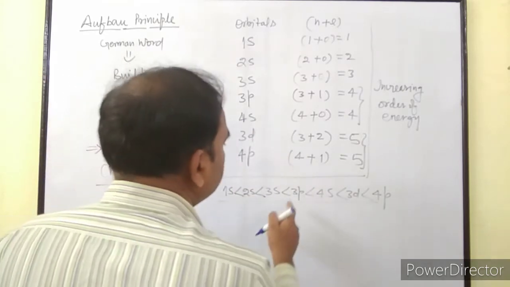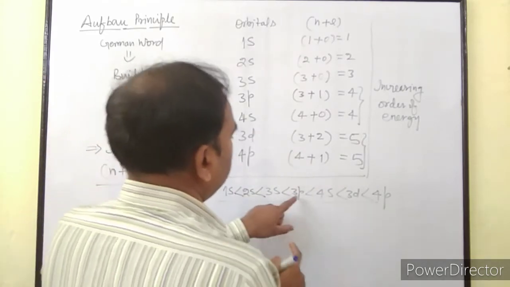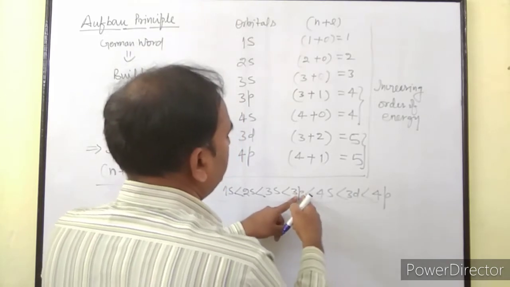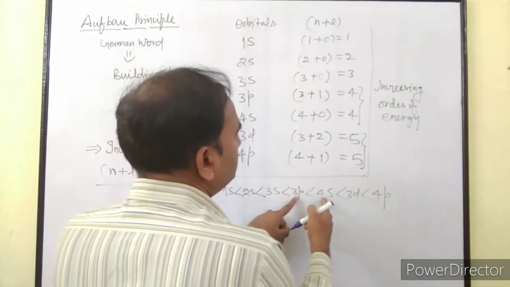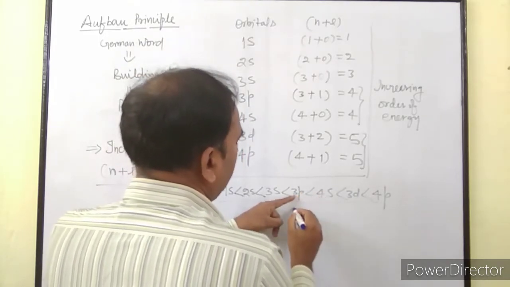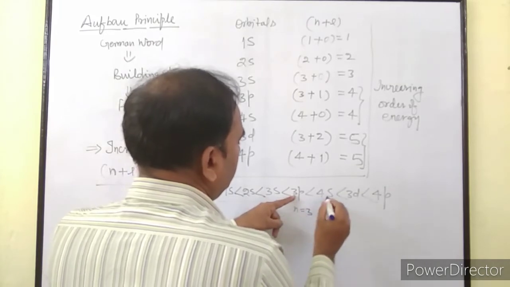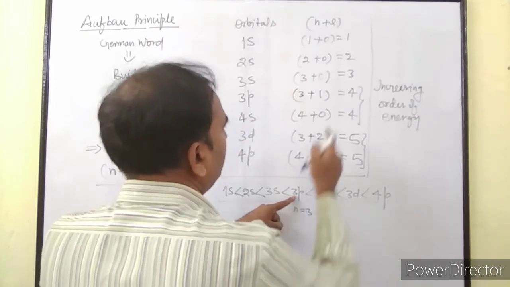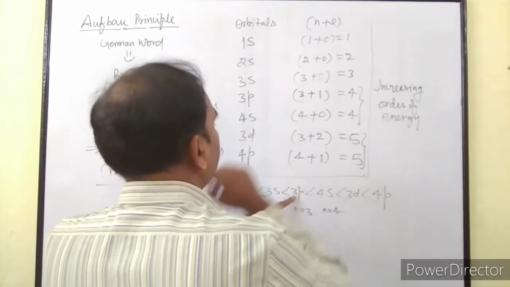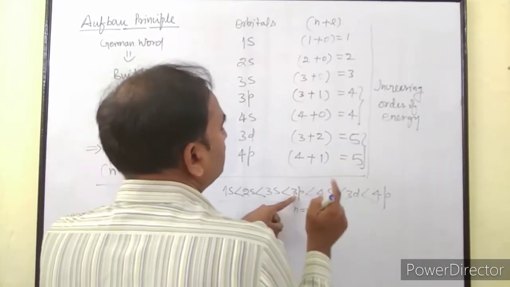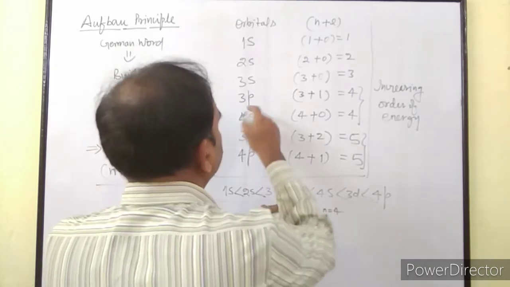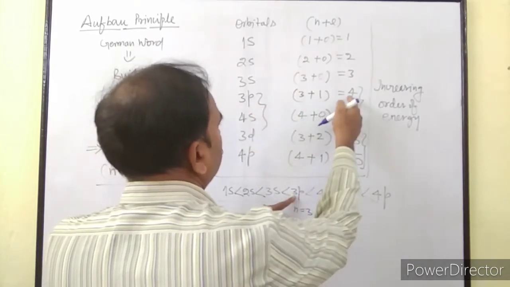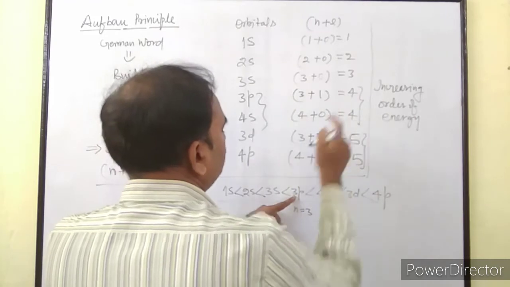So you can see here 3p is written first and 4s is written later, means n here is 3 and here n is 4, but n plus L values are same for 3p and 4s. 3p 4 and 4s also 4.